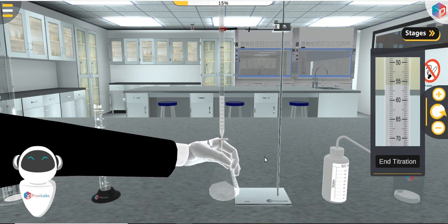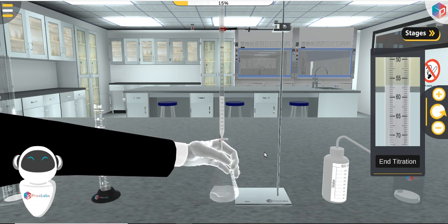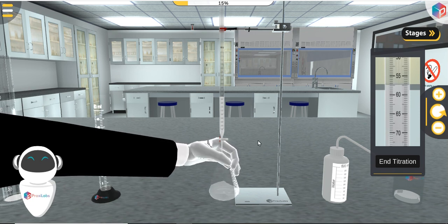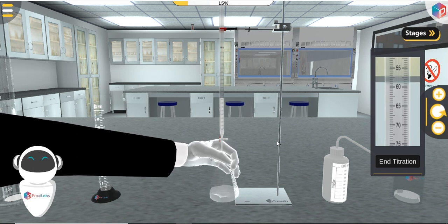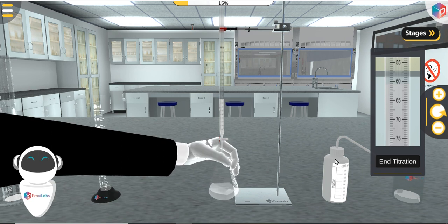This virtual lab. No color change. Alright. Oh, I didn't notice it. Wow.